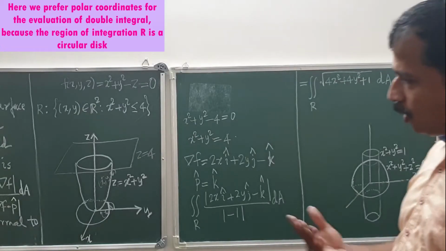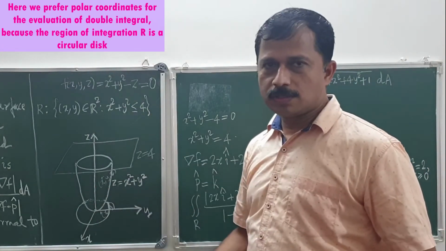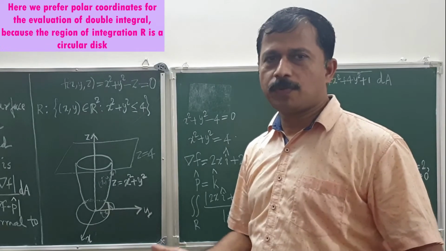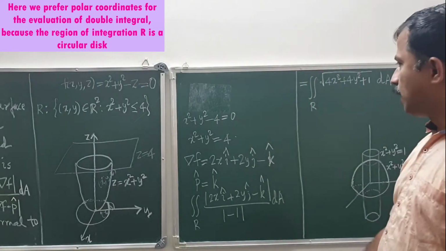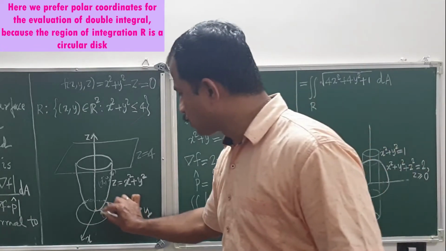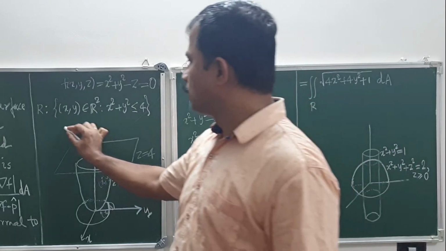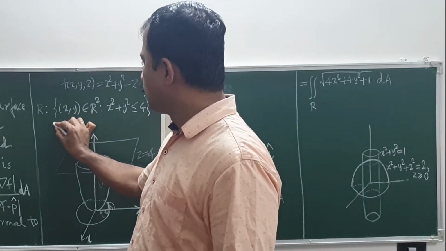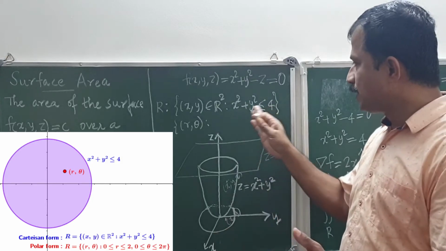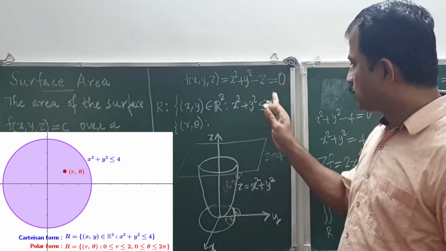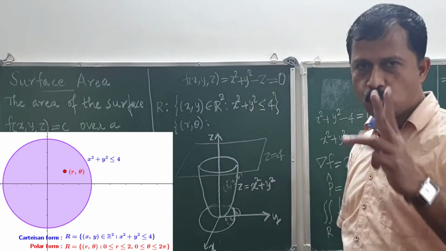Usually, if we have a domain of the form of a circular disk, then we prefer polar coordinates. And in polar coordinates, what will be our situation? Using polar coordinates, our region will be the set of ordered pairs (r, theta) inside the circle. This is a circular disk centered at the origin and having radius 2.